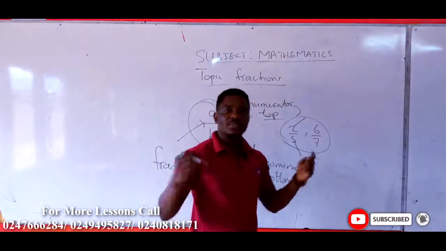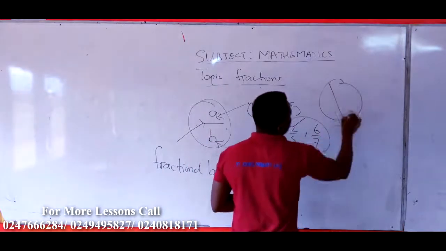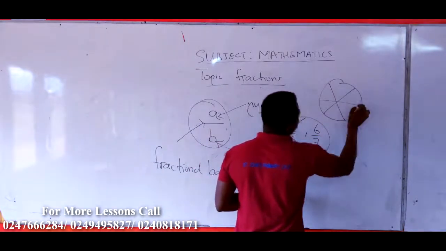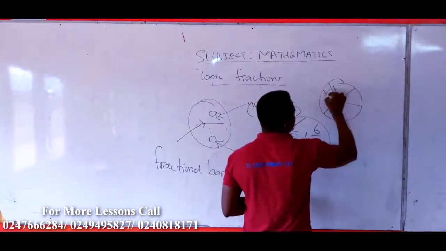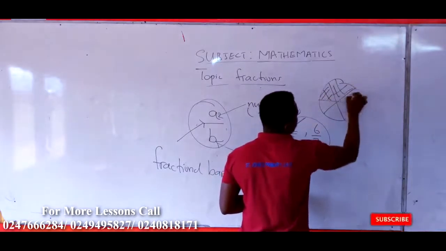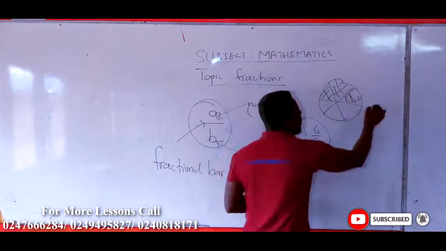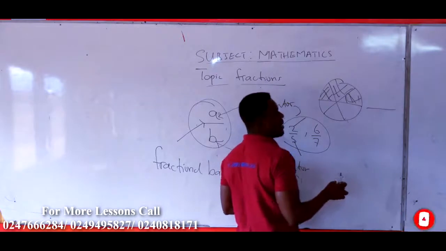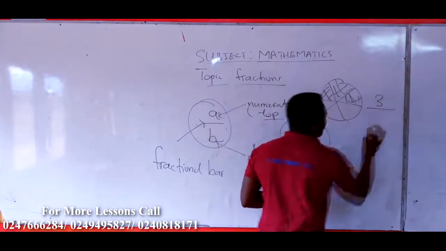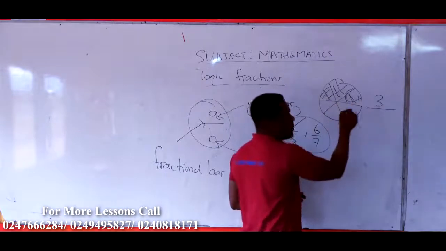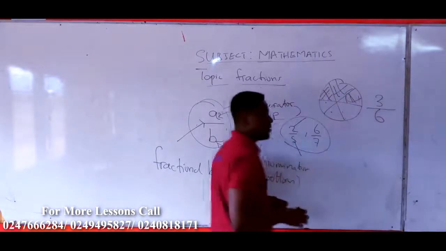In writing a fraction, the portion that is taken is written as the numerator over the total division. So in this case, I have chosen 1, 2, 3, so I write 3 over what? The total division, 1, 2, 3, 4, 5, 6. So 3 over 6. Don't forget.